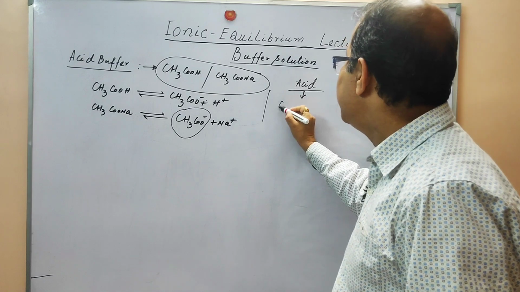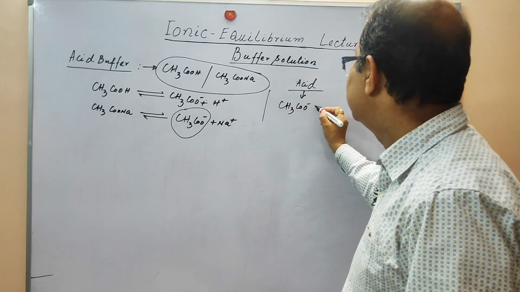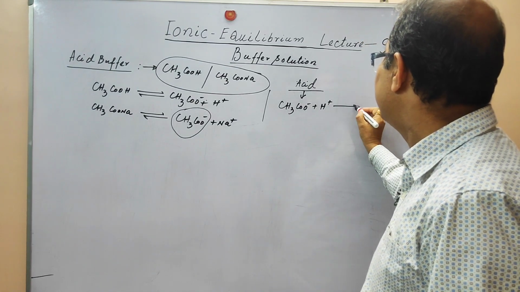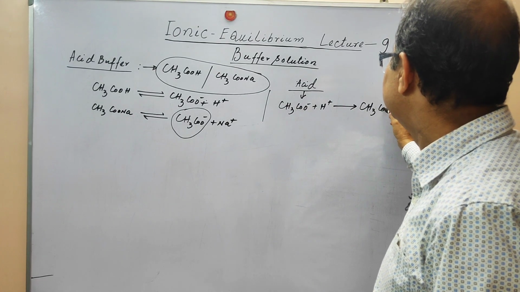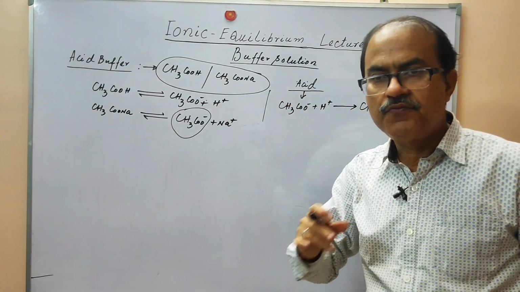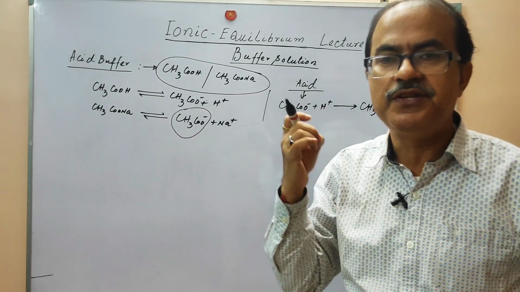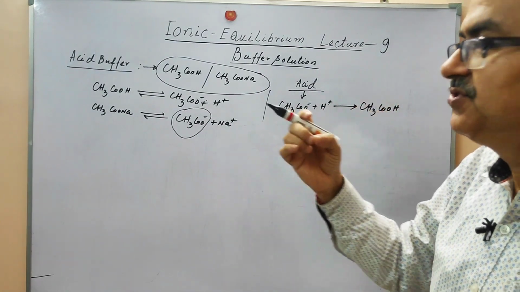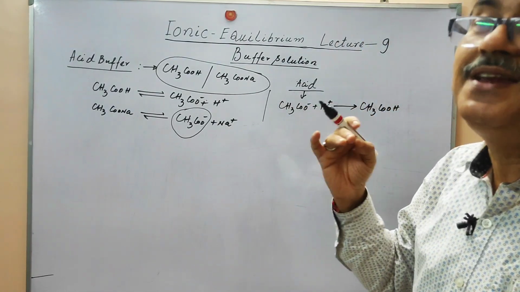So this H plus will add with this conjugate base, and when you put the acid, it will be transformed into the weak acid. When it is changed into the weak acid, it will not be much dissociated. So the H plus ion will be maintained. There will be no change in the H plus ion, meaning the pH will remain constant.